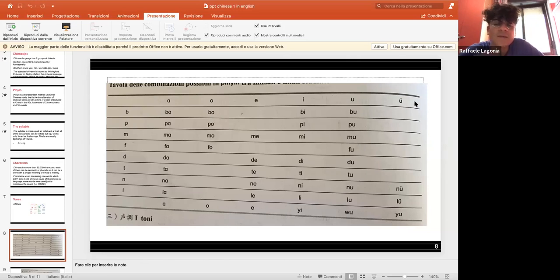And the combination with the U with the diaeresis, we have Nü, Lü, Yu. I don't know if you know that when we have a diaeresis on a vowel, for example on the U, we pronounce it like you.